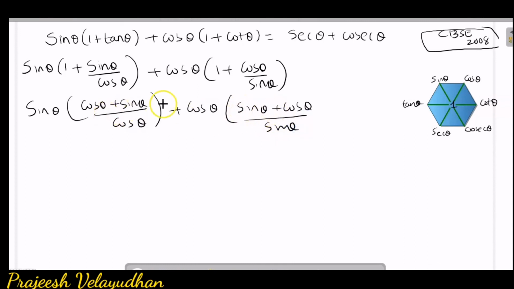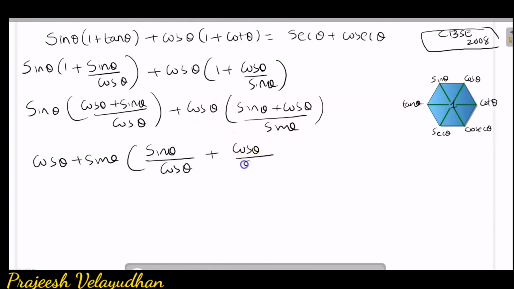Now look here, the first term and the second term have one common thing. What is the common thing? Cos theta plus sin theta, that we can take common out. Then the remaining part in the first term is sin theta upon cos theta, plus, in the second term the remaining part is cos theta upon sin theta.